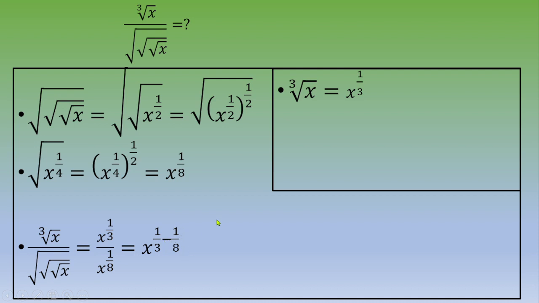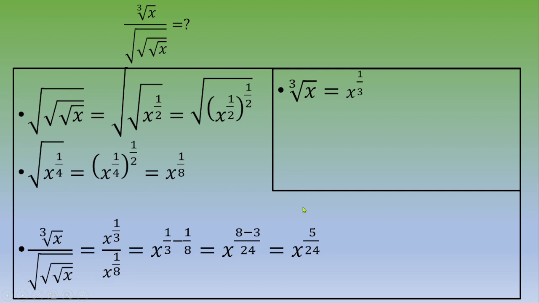Well, to get the same denominator now, you end up with x power 8 minus 3 over 24. So this is x power 5 over 24.